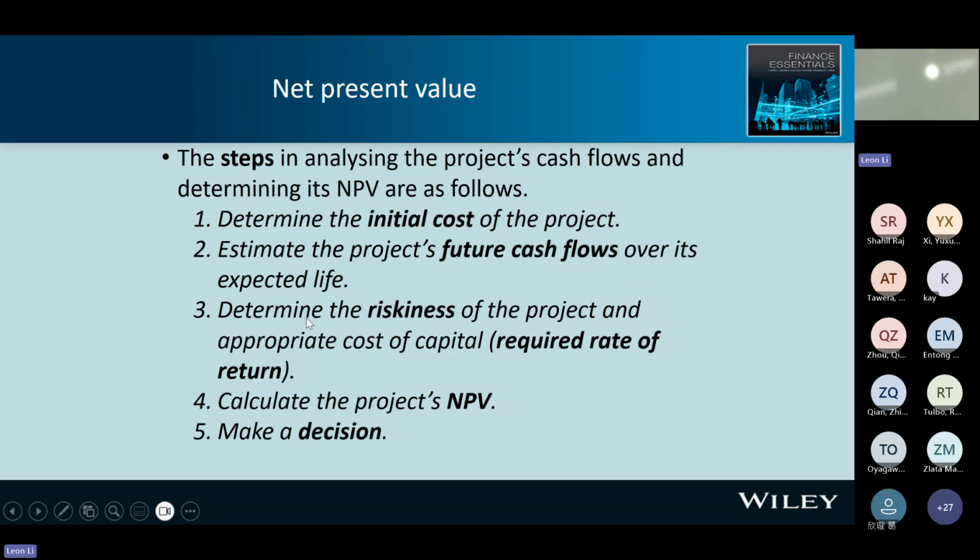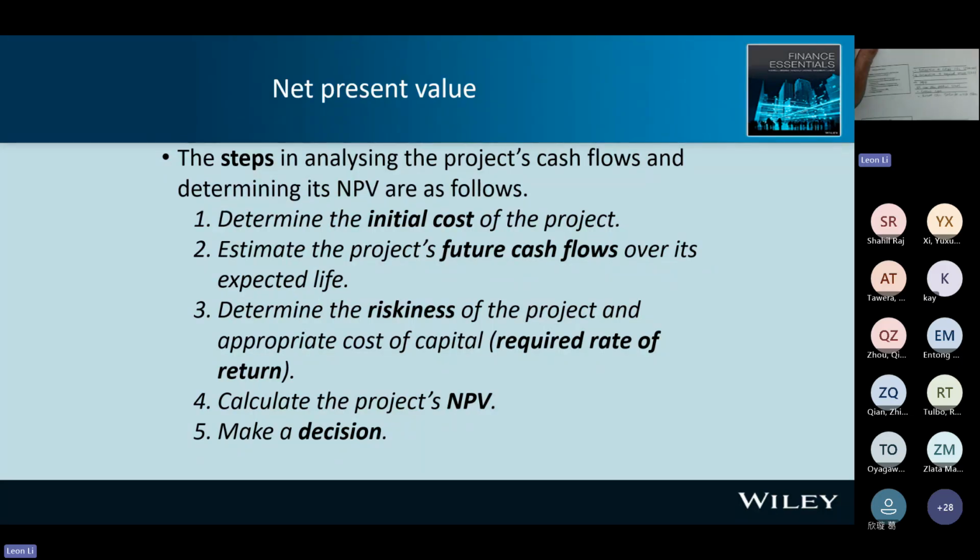Step 3, determine the risk of the project and the opportunity cost of capital, then we can determine the required rate of return. Step 4, calculate the project NPV. Step 5, make the decision. So these are the steps we do the project valuation.